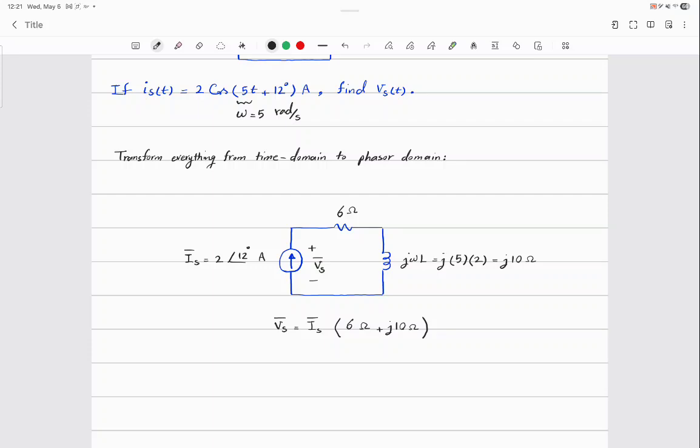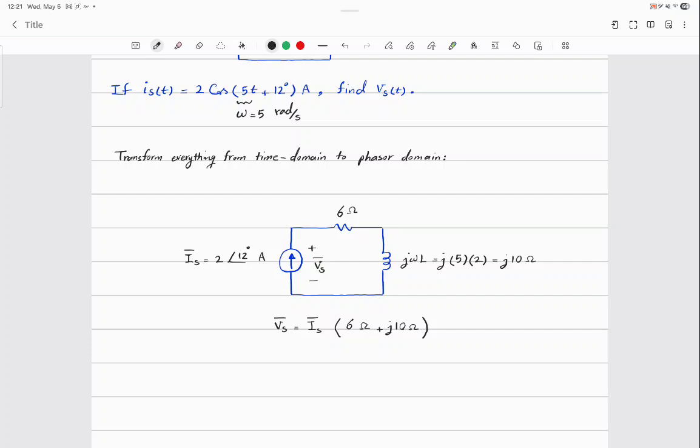Current multiplied by the total impedance in the circuit. Why did I add them? Because they are in series.